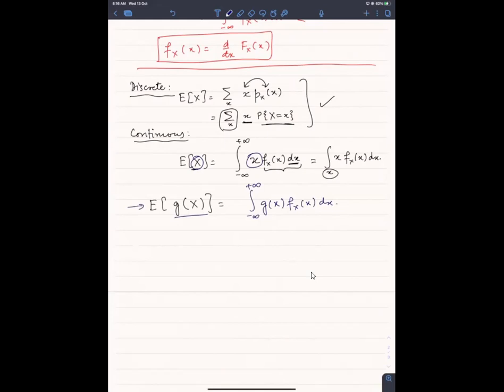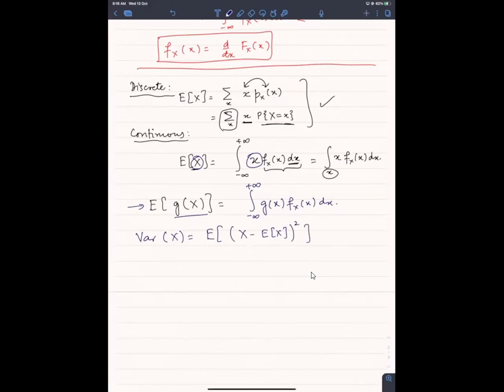What about the variance? Now, the variance of the random variable x, no different definition. It's the same definition as for the discrete case. And the definition is x minus expected value of x for every possible value of capital X. आप इसको लेके स्क्वायर करें और उसकी expected value लें, you will get the variance of x.